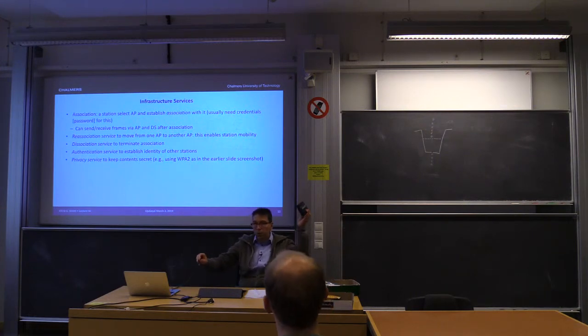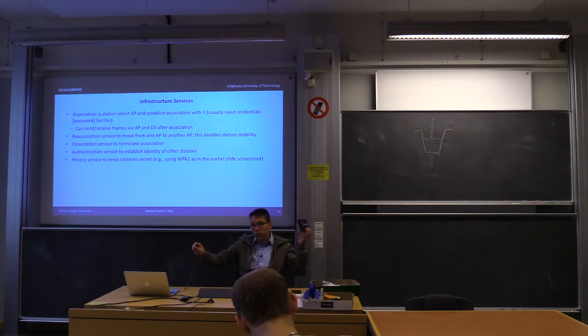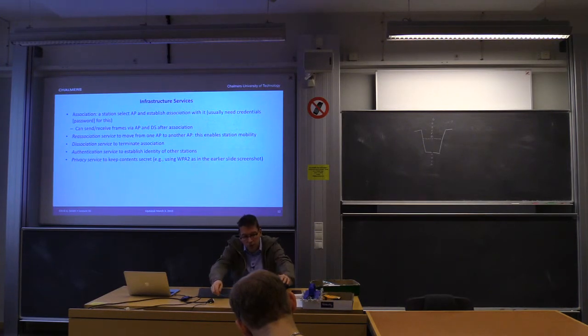And it usually needs some type of password to do this. So this will be the equivalent of this. Suppose that this laptop is connected to this cable here. Like now it's not associated, now it's associated, right? So it's like connecting to the network. And there is a procedure for doing that. And on Wi-Fi, of course, there is some security involved in this.